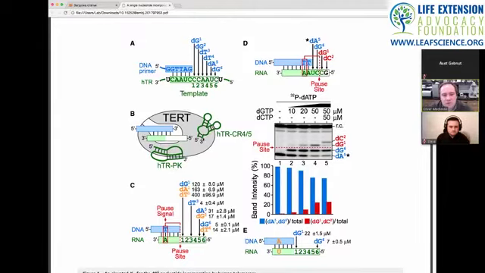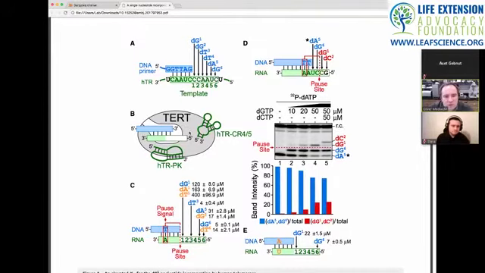These are required for the structural stability of TERT and how it can line up with this template, which is this green part here. And into this mix, they throw in a DNA primer. You can see that this template is a very short piece here.